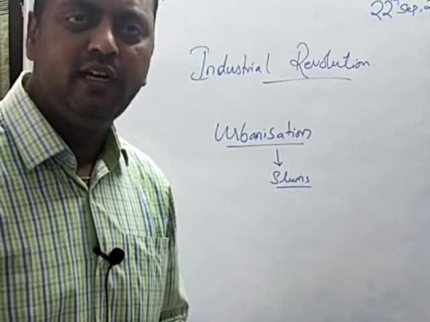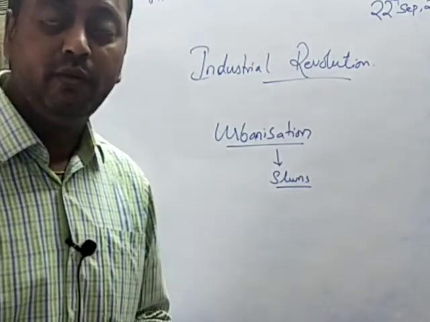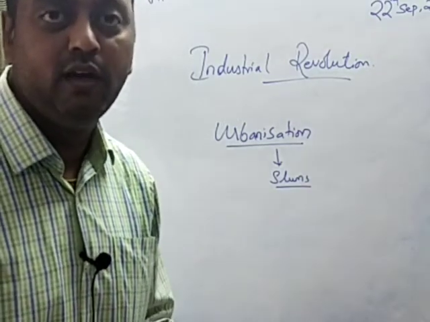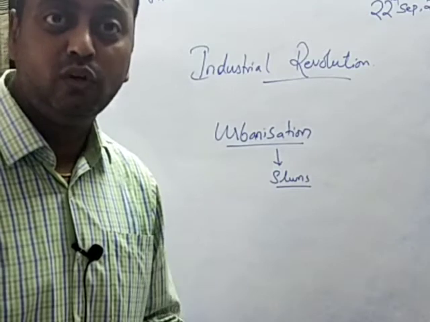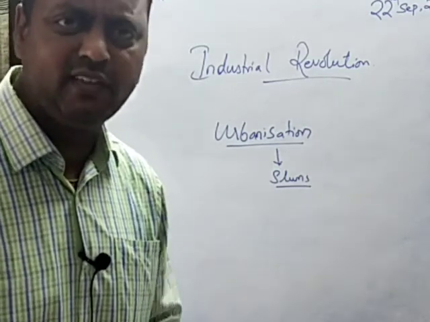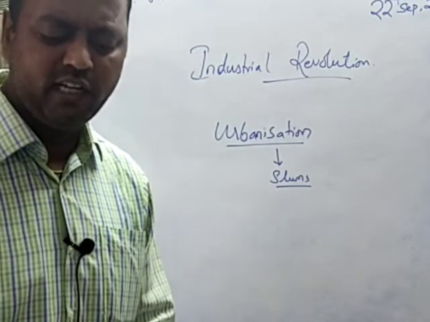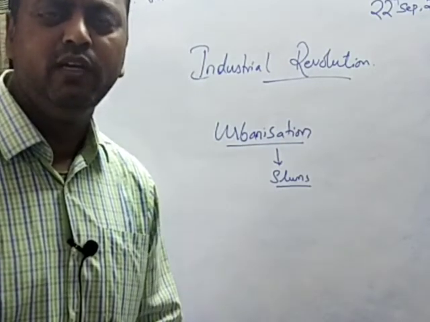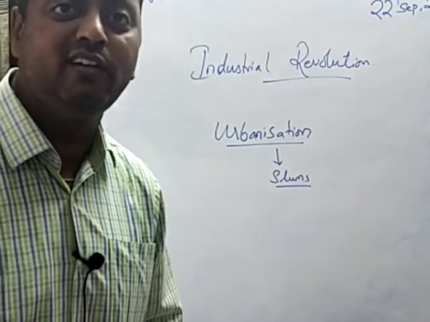At the same time, separate quarters came up for the rich and powerful people, where they had all kinds of facilities like open space, sanitation, water supply, roads, lighting, and many other facilities. Slowly people fought for their civic rights, and the conditions of the workers also improved, and the factories also started providing quarters for their workers.